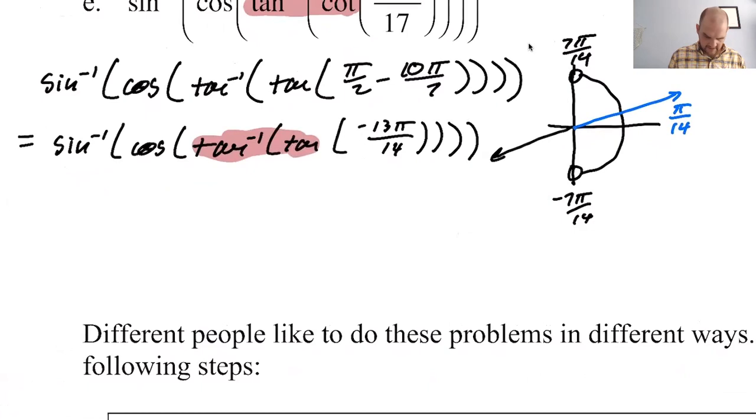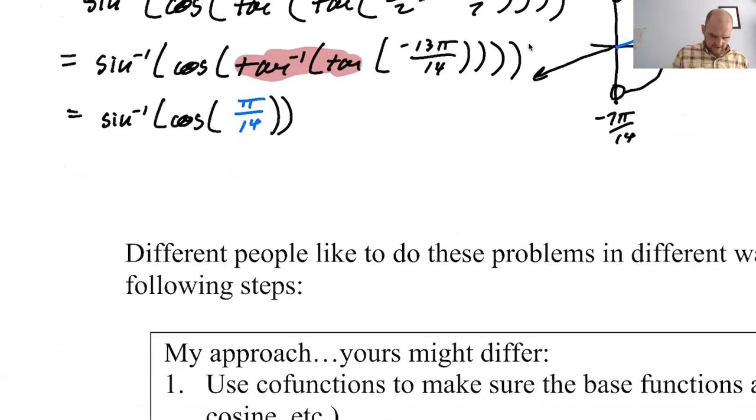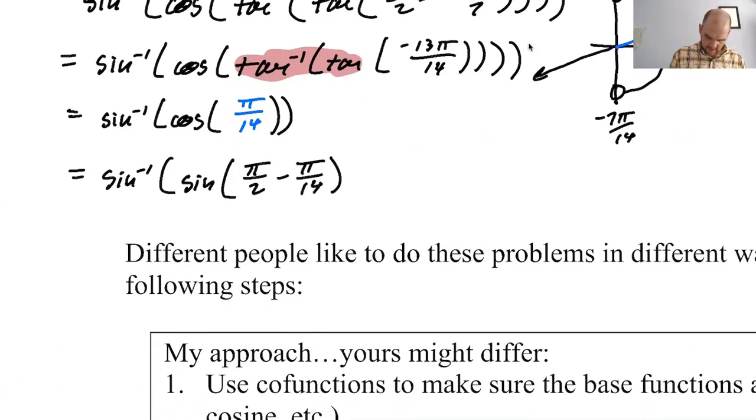So now we've got the sine inverse of the cosine of, we just collapse this all down to pi over 14, which hopefully is right. Because the cofunctions are not the same, right? So sine inverse of the sine of pi over 2 minus pi over 14.